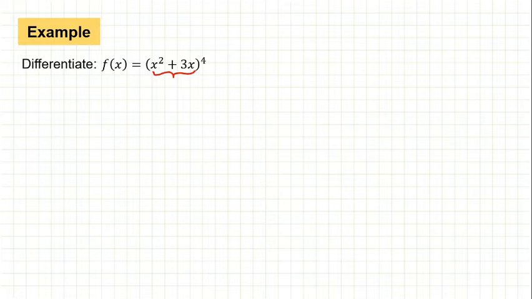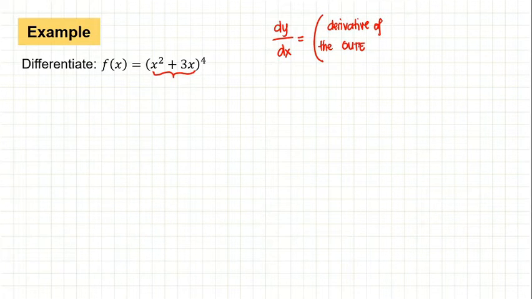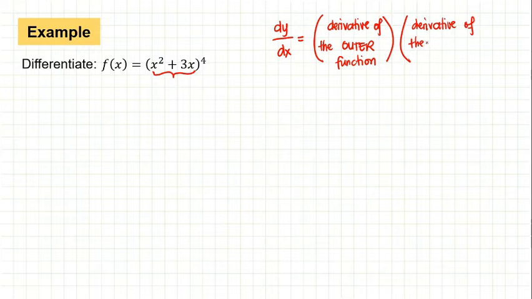Okay? And according to the chain rule, the derivative of the function, suppose dy over dx, is just equal to the derivative of the outer function times the derivative of the inner function.